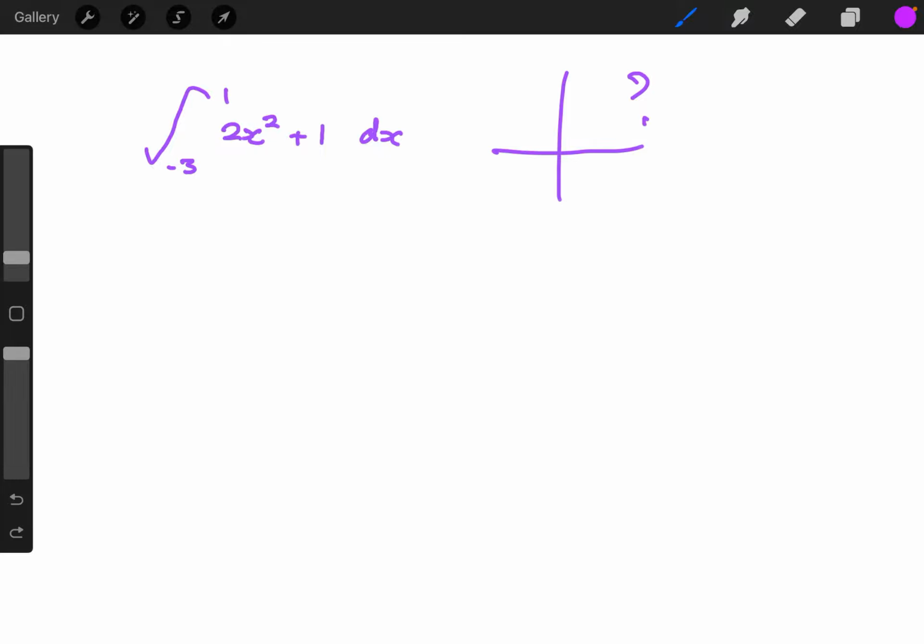Alright. So, let's find the indefinite first. What's the indefinite of this one first? So it's just 2x squared. So it becomes 2.